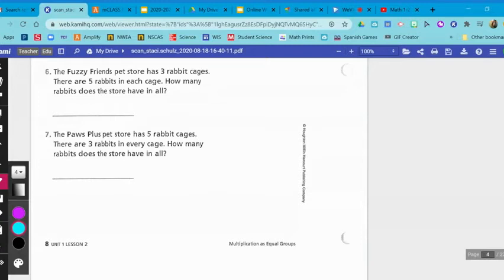We're going to read it together. Go ahead and read along with me. The Fuzzy Friends pet store has 3 rabbit cages. There are 5 rabbits in each cage. How many rabbits does the store have in all?